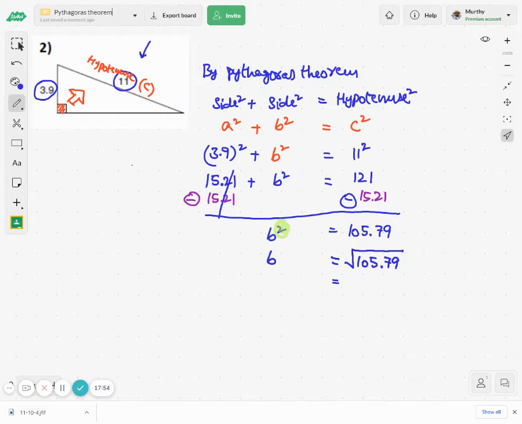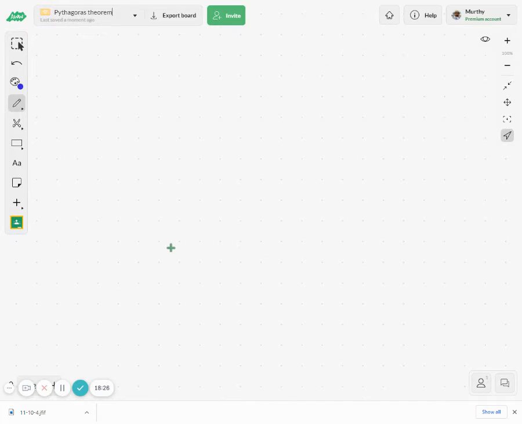So take your calculator and compute the square root of 105.79. You'll get 10.285. If you want, you may round it. So the value of b equals 10.3. Here the procedure is not difficult. The only thing is you have to remember the procedure and the formula.